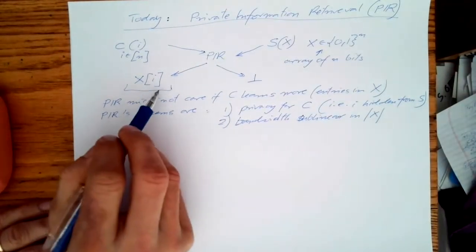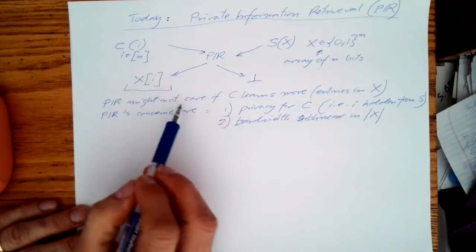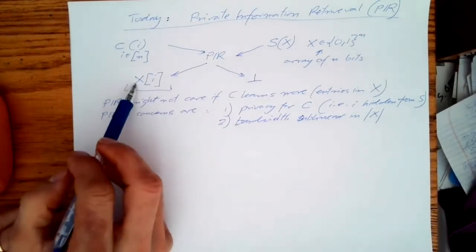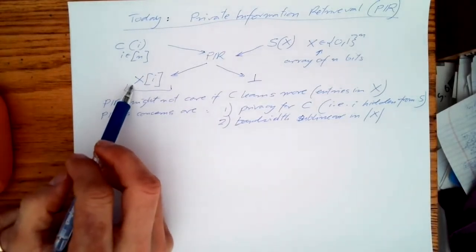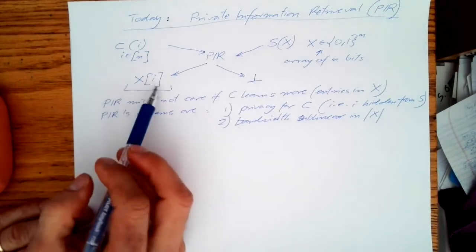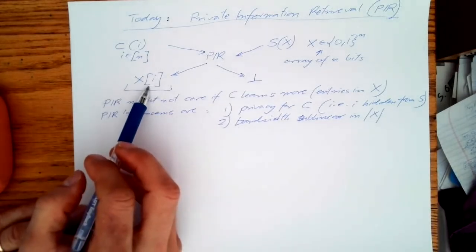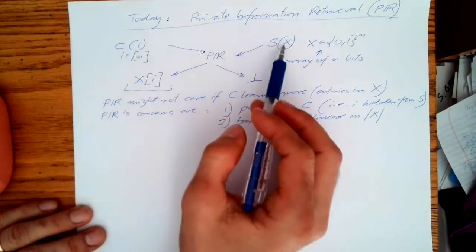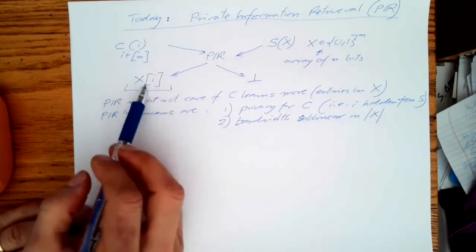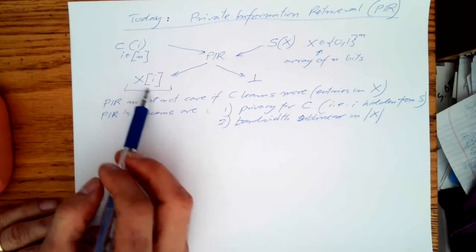So here is the non-triviality of the constraint. If we don't care about privacy for the server, so we allow the client to learn more about X than just the ith entry in X, then the server could just send his input to the client, and the client could retrieve this locally.